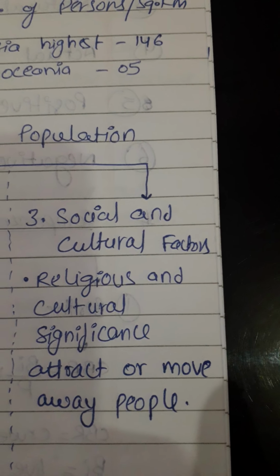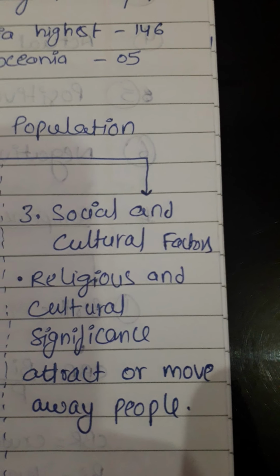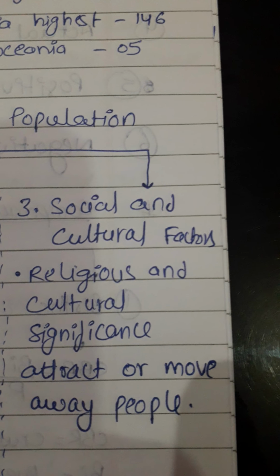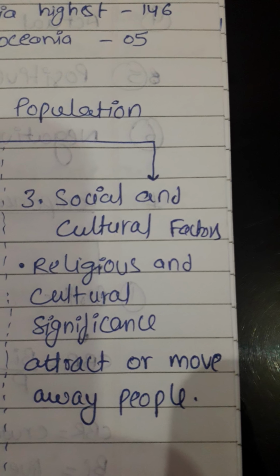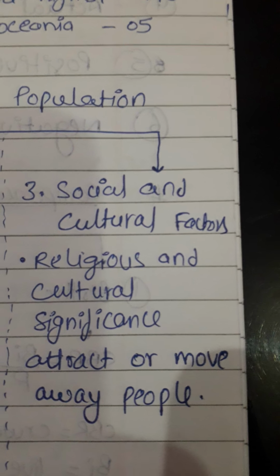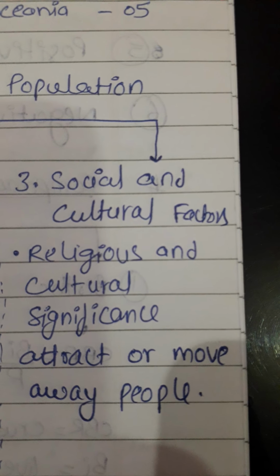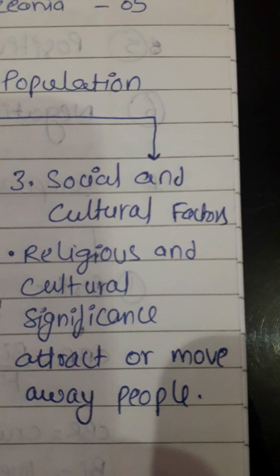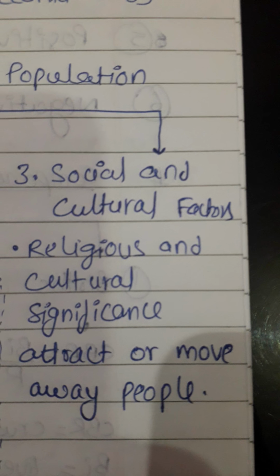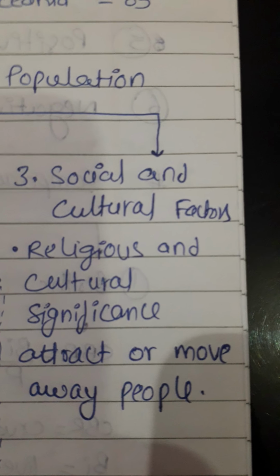All those cities, due to their religious and cultural significance, support more population as compared to other regions. But as I have mentioned, religious and cultural significance can attract or drive away people. If there are riots in the name of religion, that also results in migration or exodus of people from that region.